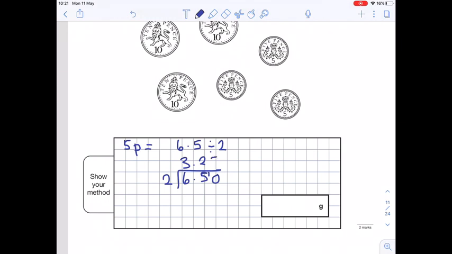And 2's into 10 goes 5. So a 5p coin is 3.25 grams and I've got 3 of those.